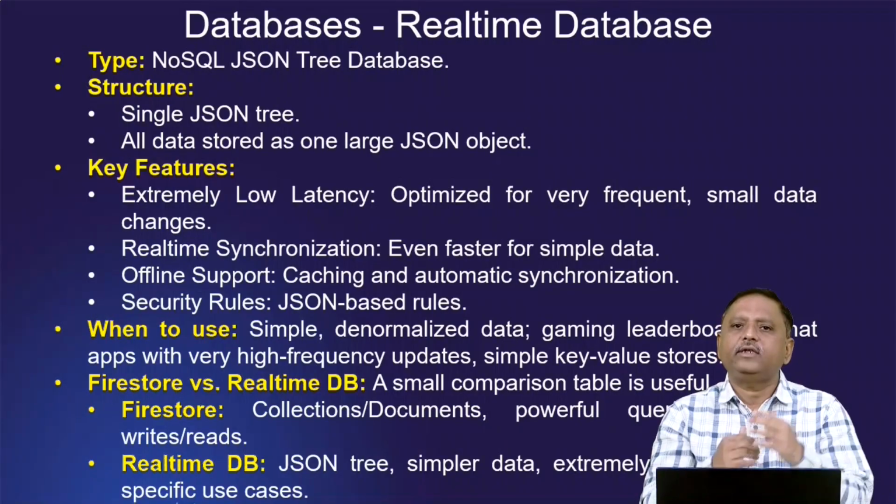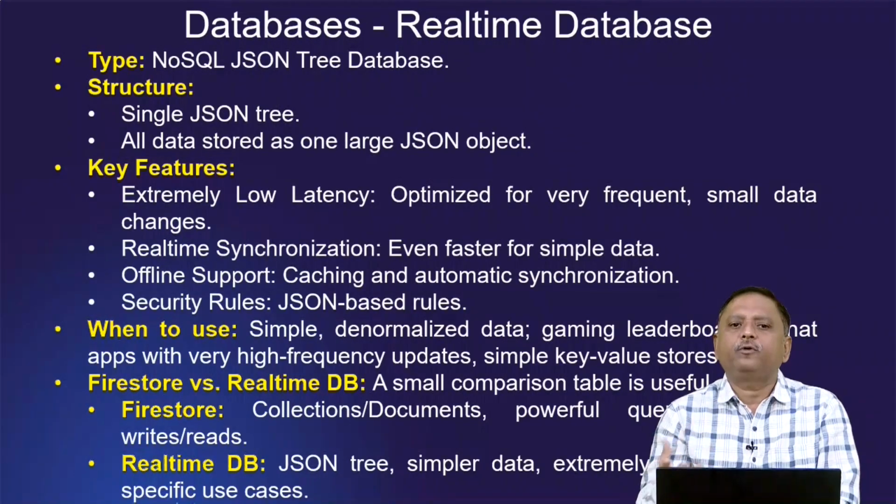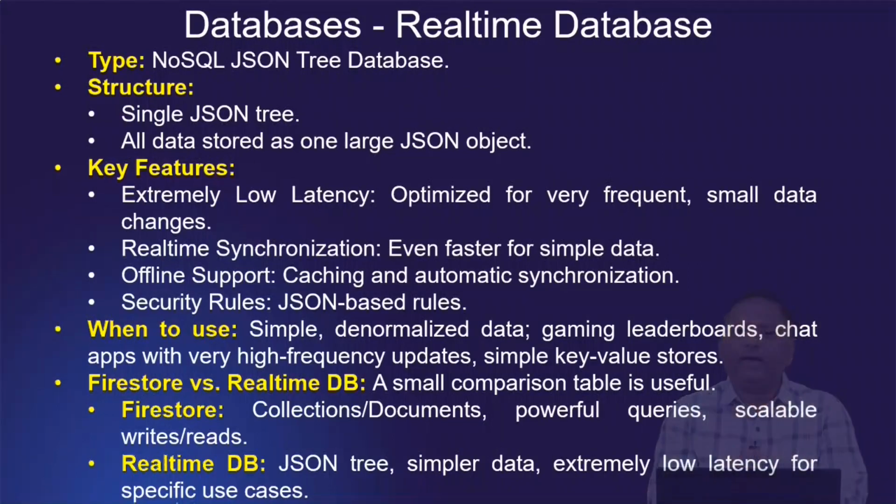Now, when to use this real time database? It can be used for simple denormalized data, gaming, leaderboards, chat apps with very high frequency updates and simple key value stores. Now, what is the difference between Firestore and real time database? Firestore organizes data in the form of collections and documents. It provides powerful queries and scalable writes and reads, while real time DB is in the form of a JSON tree with simpler data and extremely low latency for specific use cases.